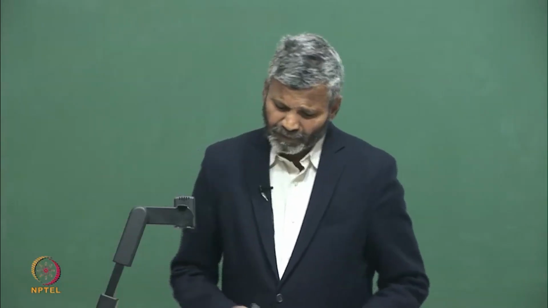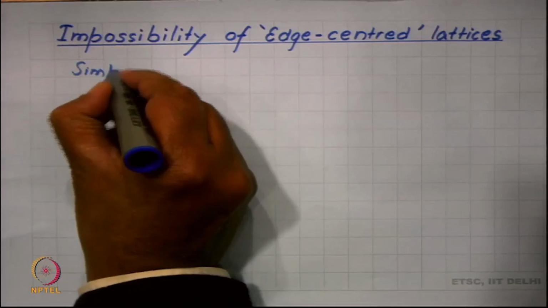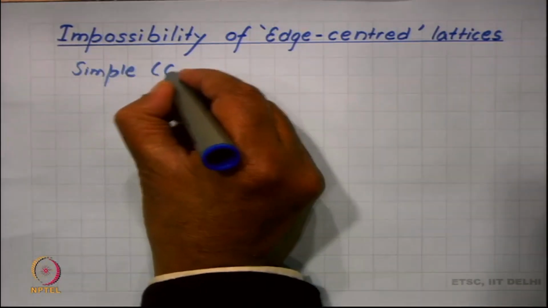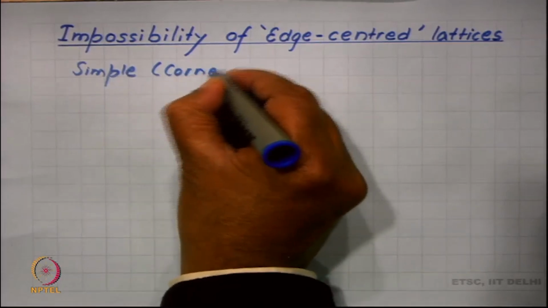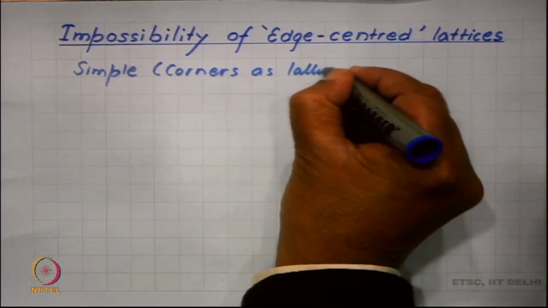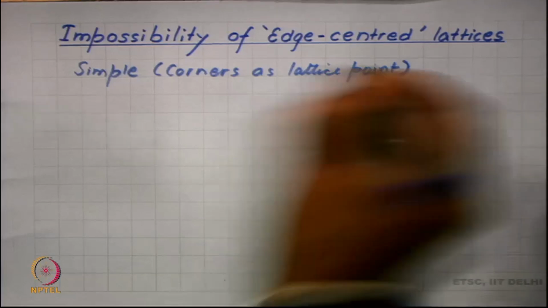So, we have seen we have simple, where only corners are there, corners as lattice points.